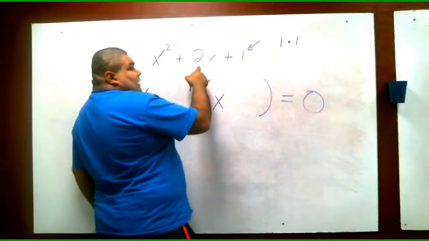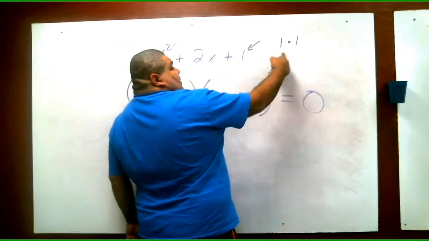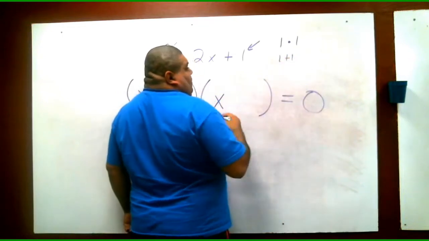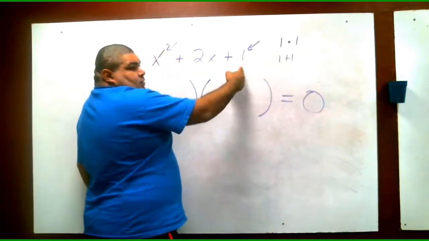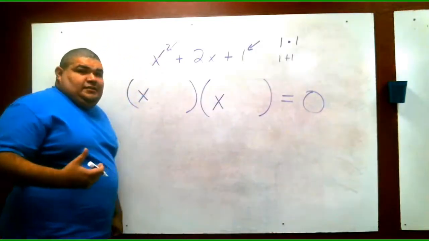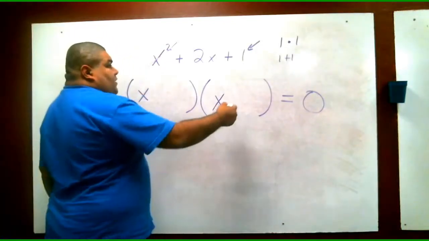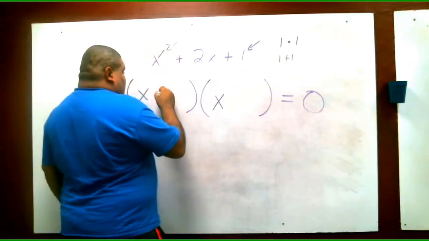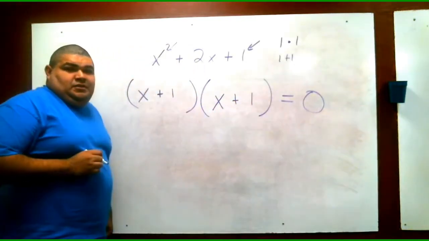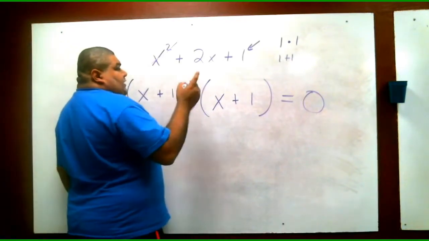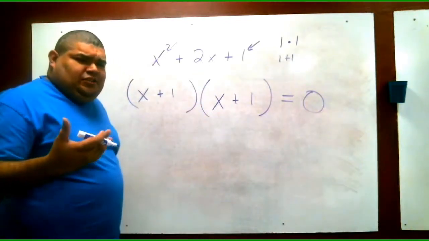So for the b, we're going to add 1 plus 1, which is 2. And then 1 times 1 is 1. So if we put the two number 1s inside the parentheses, we get 2. You might ask yourself, how do you get 2?